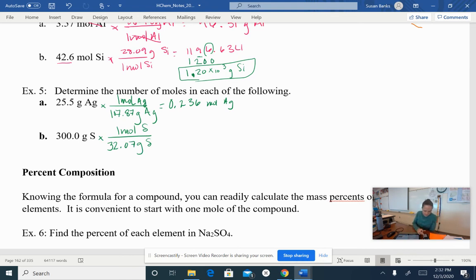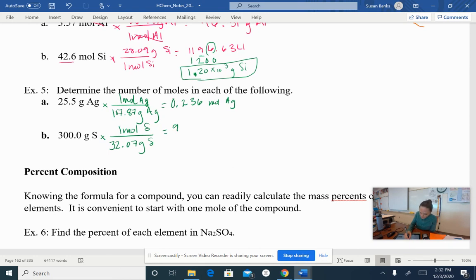So I'm going to take 300.0 divided by 32.07. I've got 4 sig figs here. So when I report 4 sig figs, I'm going to report 9.355 moles of sulfur. Because when my calculator did this, 9.3545, this 5 tells me to round up on that 4.